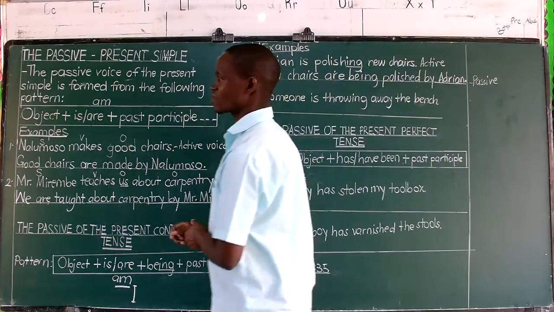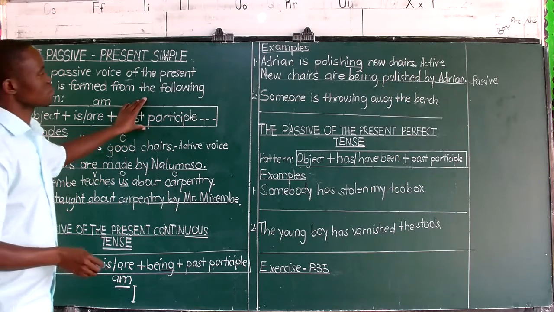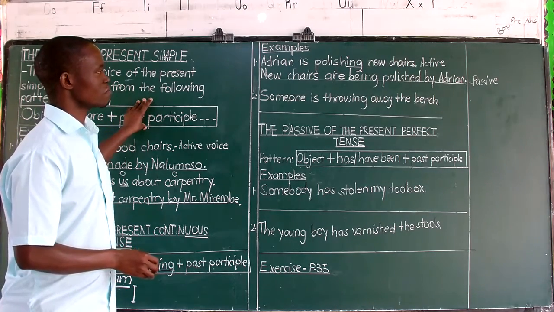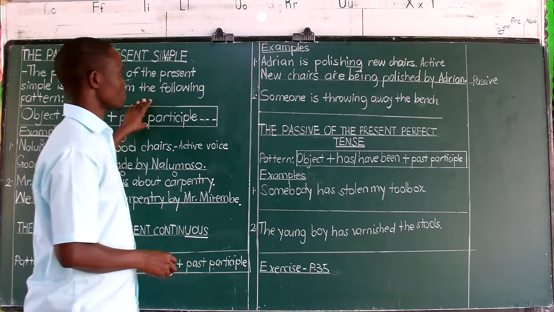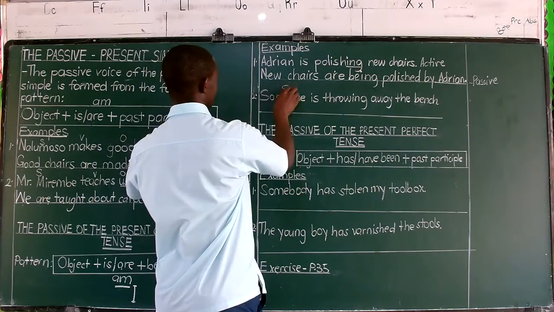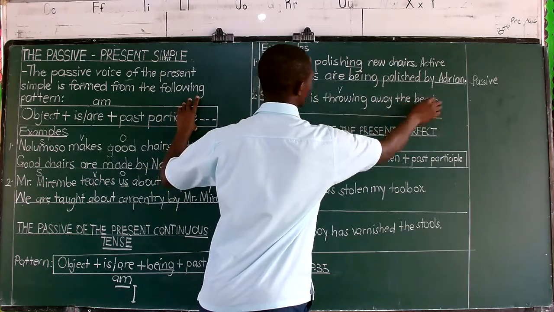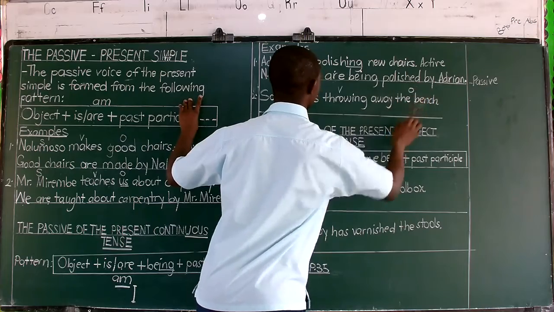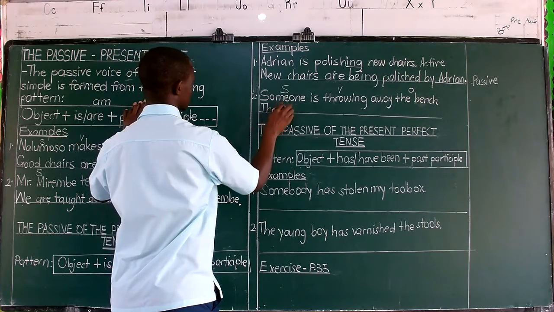Next, we have another challenging question. Someone is throwing away the bench. Someone is our subject. Throwing is our verb. The bench is our object. Begin with the bench, and you say "the bench."